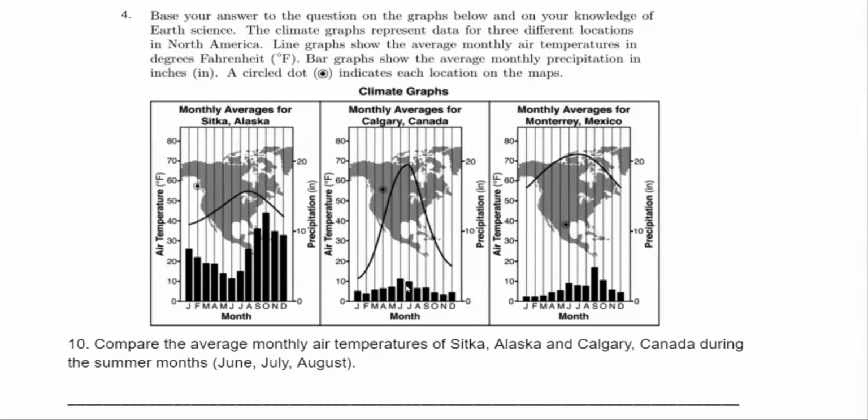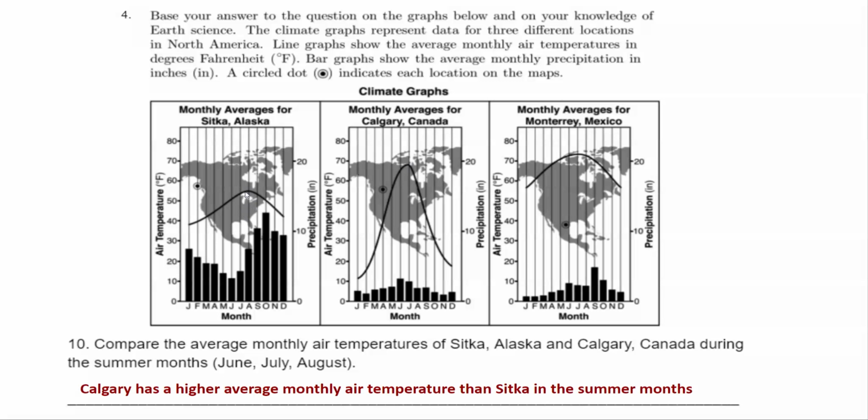And then for June, July, August in Canada, my average air temperature is higher than 60 degrees. So I would say that in the summer months, Calgary, Canada has a higher average air temperature than Sitka, Alaska. I'm gonna make it a little shorter. Instead of saying Calgary, Canada, I'm just gonna say Calgary. So Calgary has a higher average monthly air temperature than Sitka in the summer months.